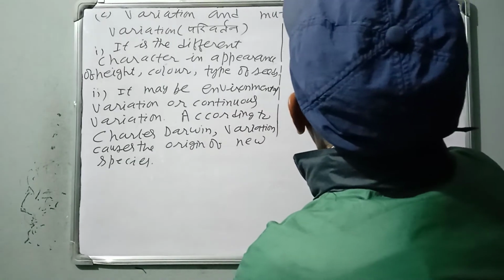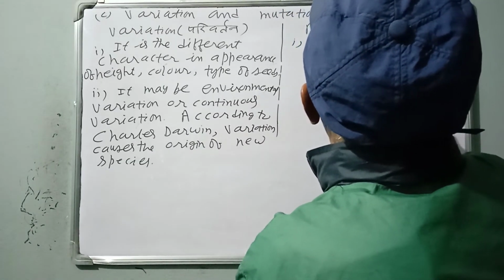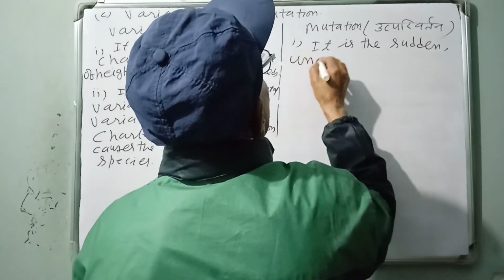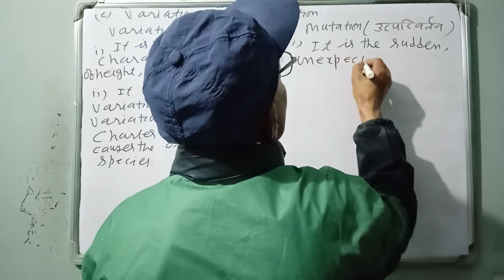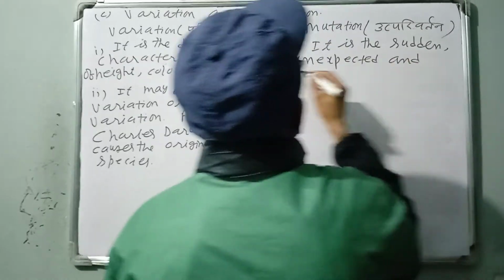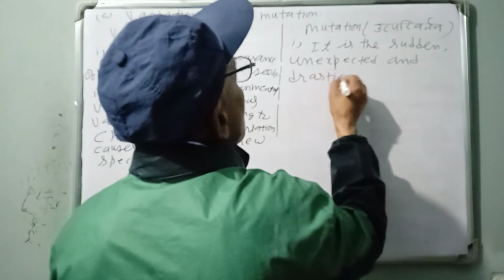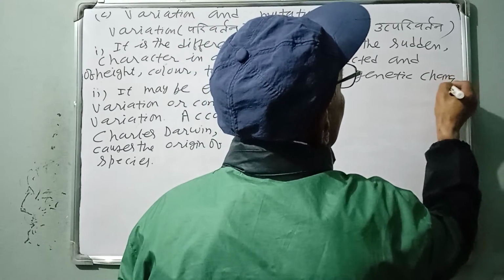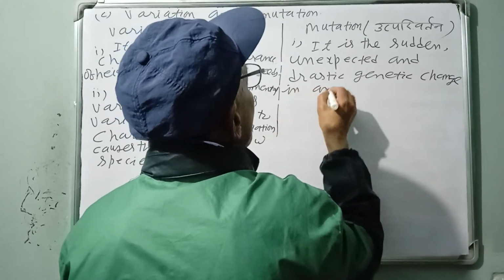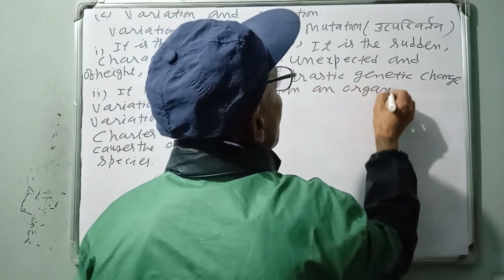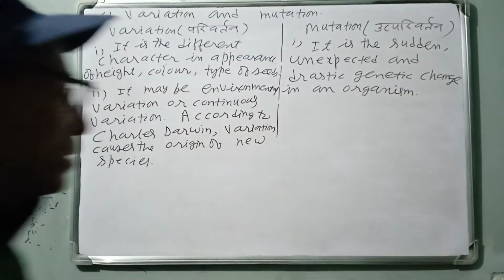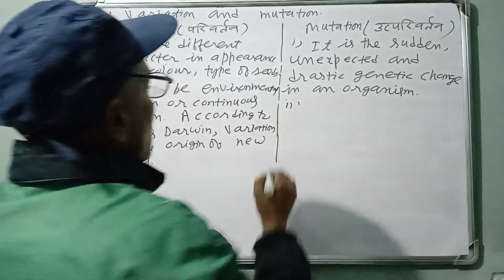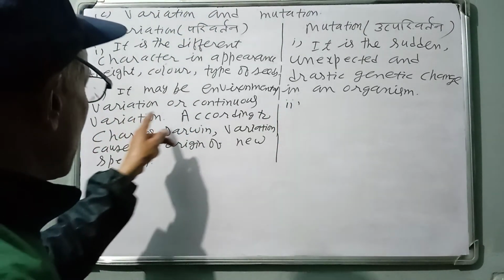Mutation, already written the definition. It is the sudden, unexpected and drastic genetic change in an organism. Drastic change, all of a sudden. It may be environmental or discontinuous.